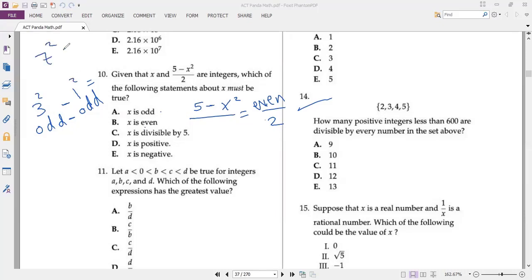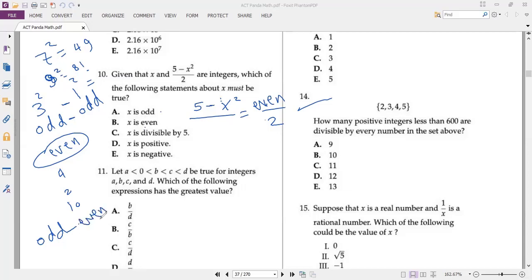Take any number, odd square is still odd, okay? 81, 9 square, 81 still odd. So odd square is still odd. And even square, 4, 16, 2 is 4, 10 is 100.